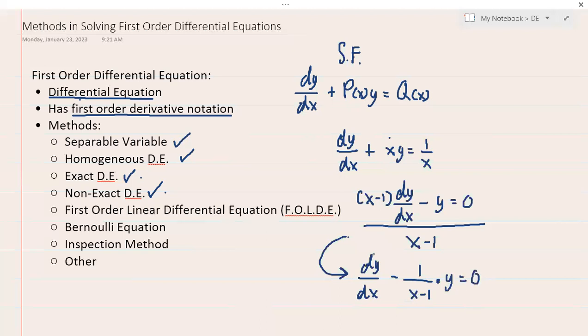So as you can see, meron tayong dy all over dx. Tapos meron tayong function dito na in terms of x, which is negative 1 all over x minus 1. And we have on the right side a function of x pero constant, 0. So it is a first order linear differential equation pa rin.